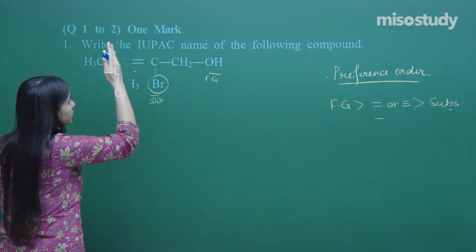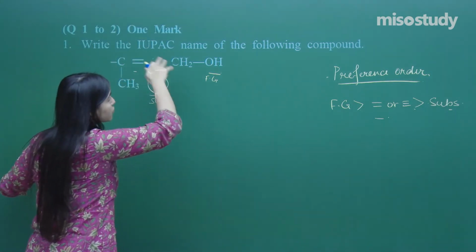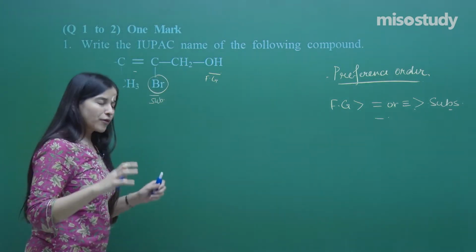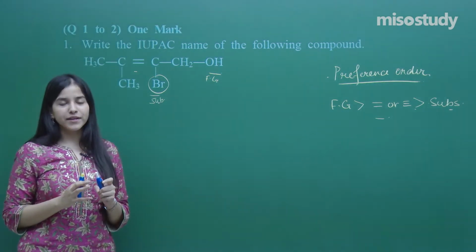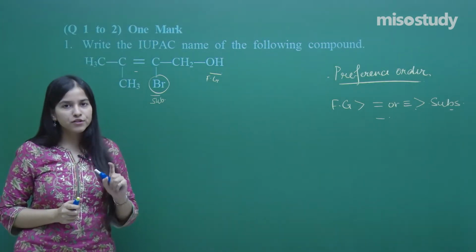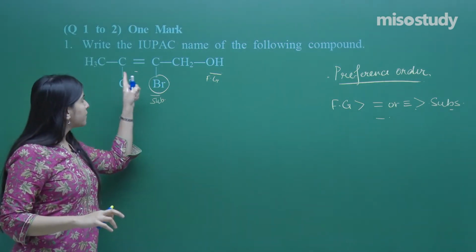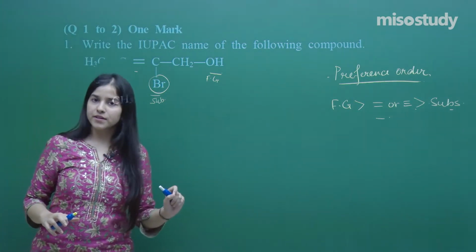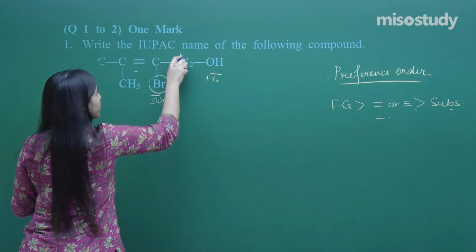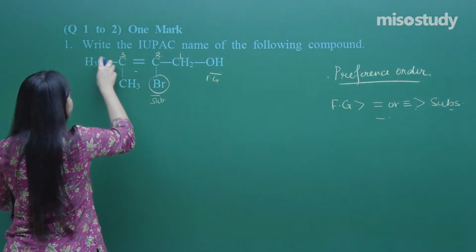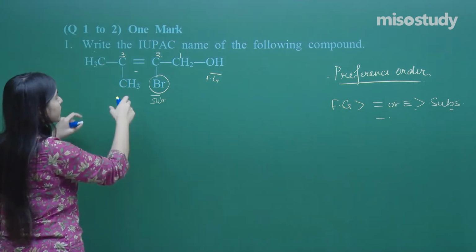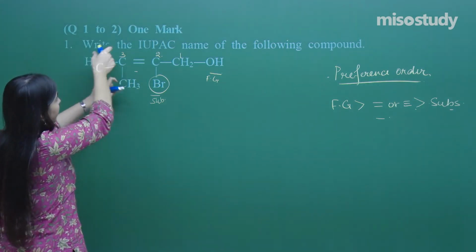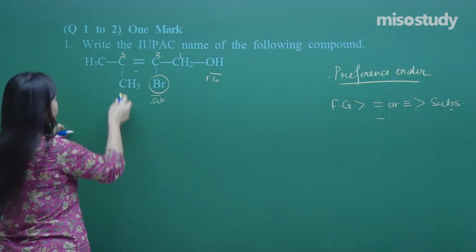Now the double bond will be given preference, then the substituent, and last is the functional group. So whenever such a confusing state comes up, always try to prefer the functional group no matter what number is given to the double bond or the substituent. Clear? So 1, 2, 3 and 4 could be here or here. It is one and the same thing because these are identical. I can exchange them, right?